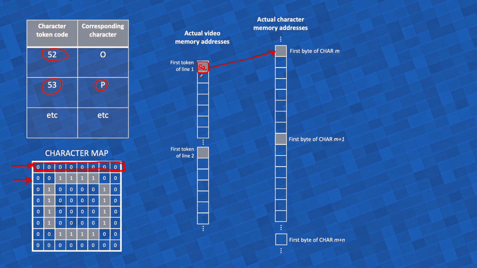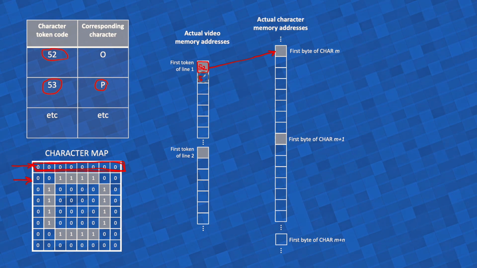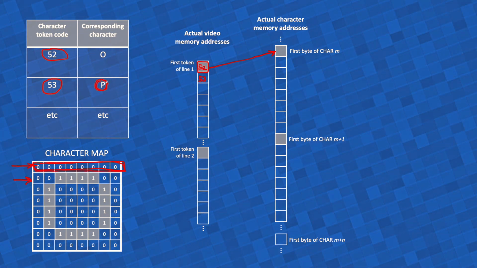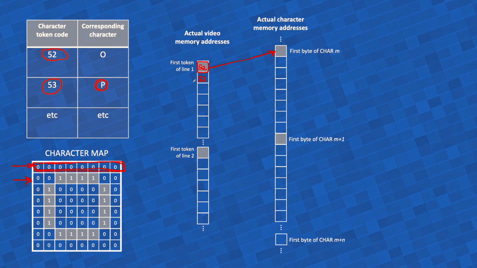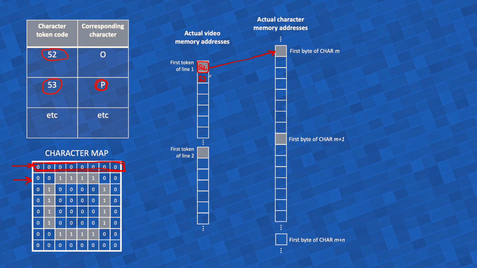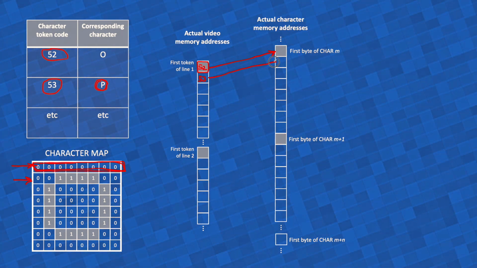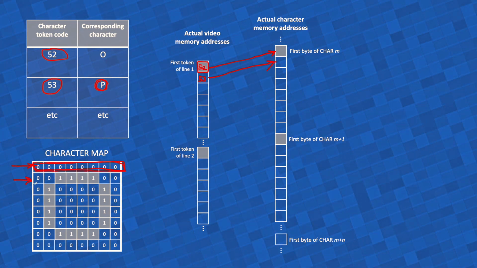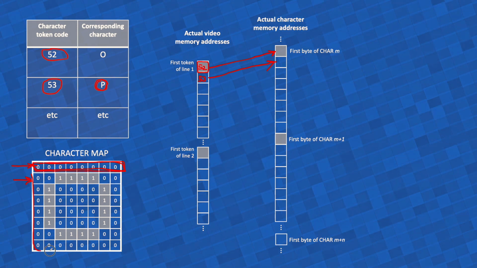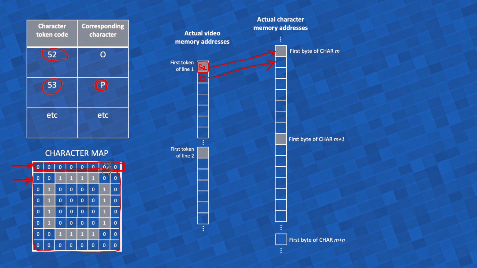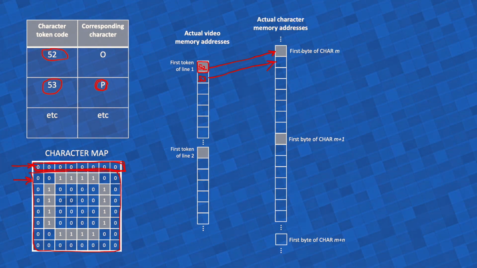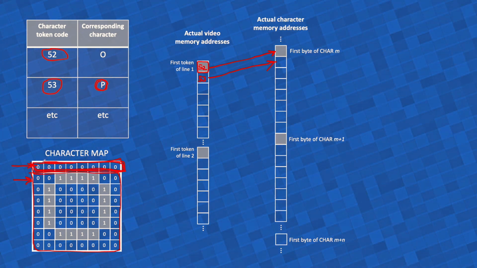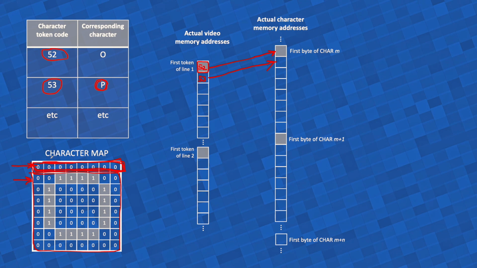So the next token code will be 53, which is the one corresponding to the letter P in oppression. Now, if you again interpret this code as an address, it will point to the next address in the character memory. And then you will not have space for the other 7 bytes of the character O, because the immediate next address is already the first byte of character P. So this will not work.